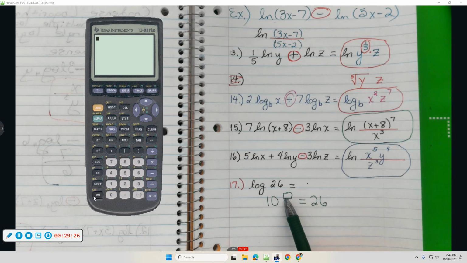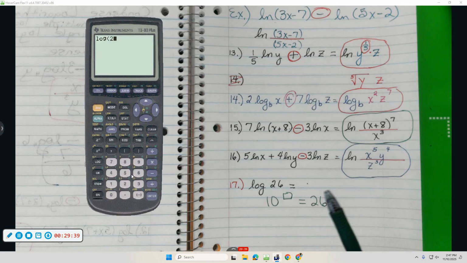So to get a decimal value for it, you'd have to use a calculator, and you'd punch in common log, LOG. Notice it opened a parenthesis. If your calculator opens a parenthesis when you press that logarithm key, you're going to need to type in the argument 26 and then close it.